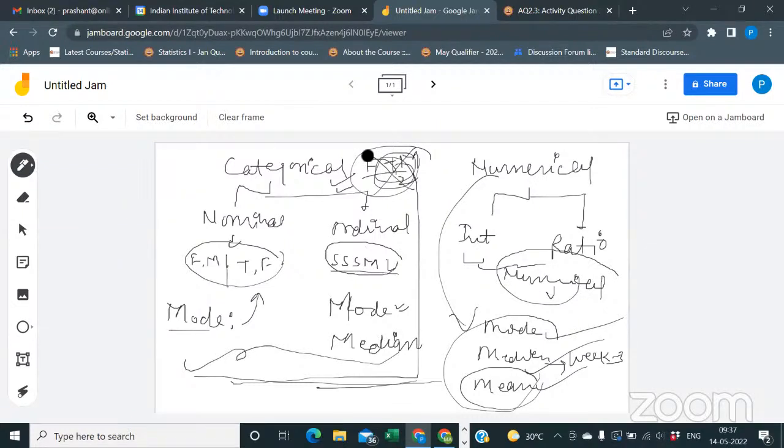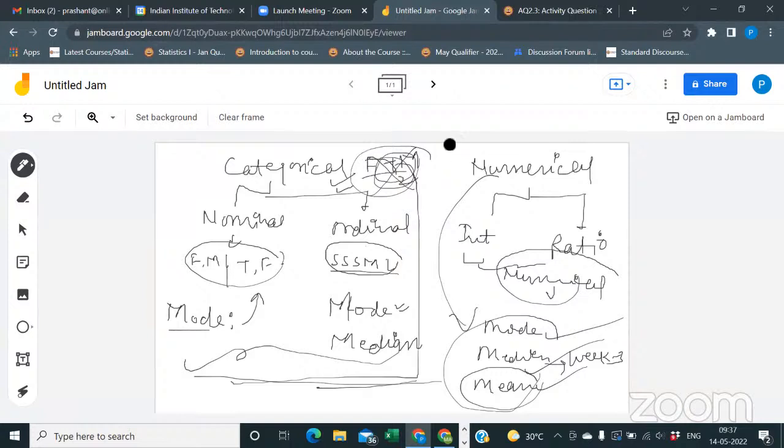Sir, but we can say the number of females plus the number of males. No, you are counting, not adding. Number of males, number of females, that will be numerical again.